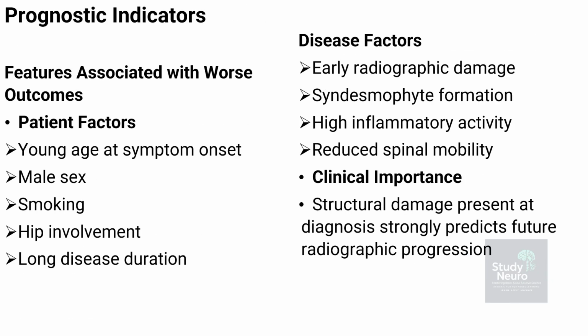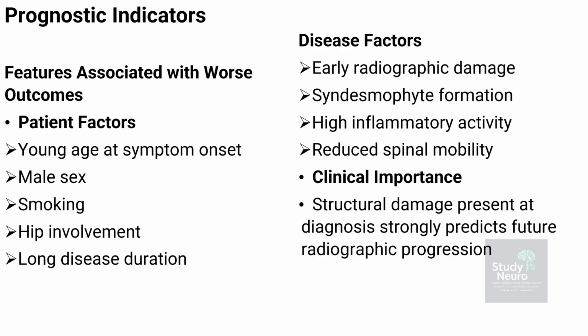Several clinical features help predict how ankylosing spondylitis is likely to progress over time. Prognosis varies between patients. Poorer outcomes are more likely in patients whose symptoms begin at a younger age, in males, in smokers, and in those with hip involvement or a long duration of disease, because these factors are often associated with faster structural progression and greater functional impairment.